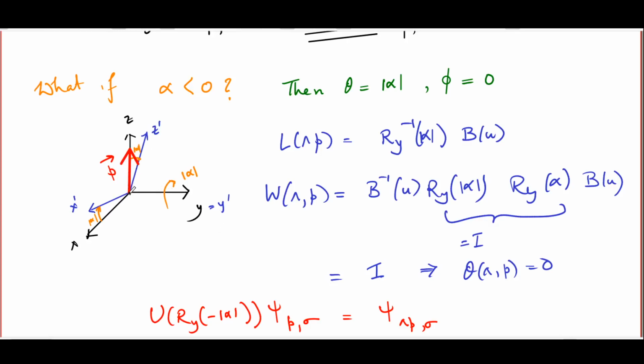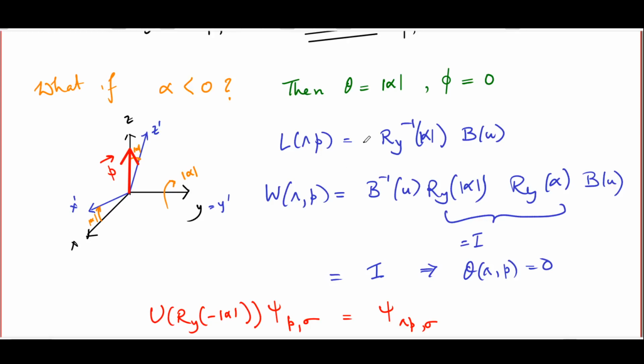And now the original p happens to be in the positive x prime z prime half plane. And what that means is that while the polar angle theta is modulus of alpha, the azimuthal angle here is just 0. So for this particular case, L of lambda p will simply be B of u multiplied, on the left, by Ry inverse of mod alpha, and that's it.